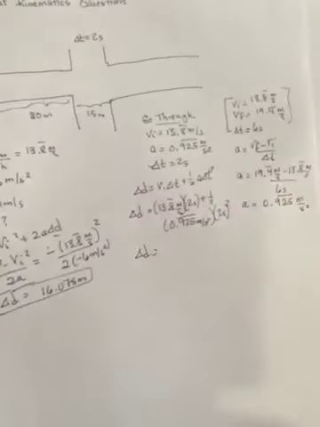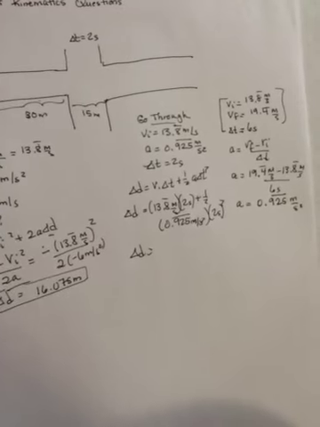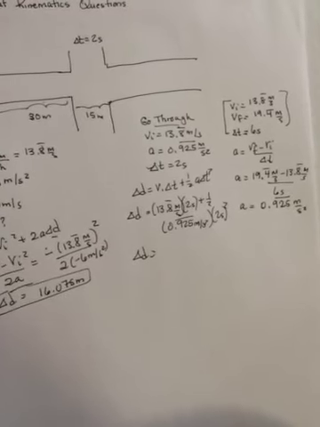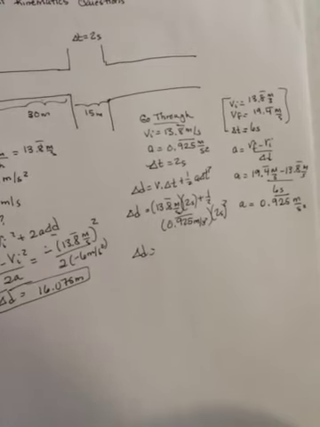So delta D equals 1/2 of 4, 2, plus 13.8 repeating times 2.